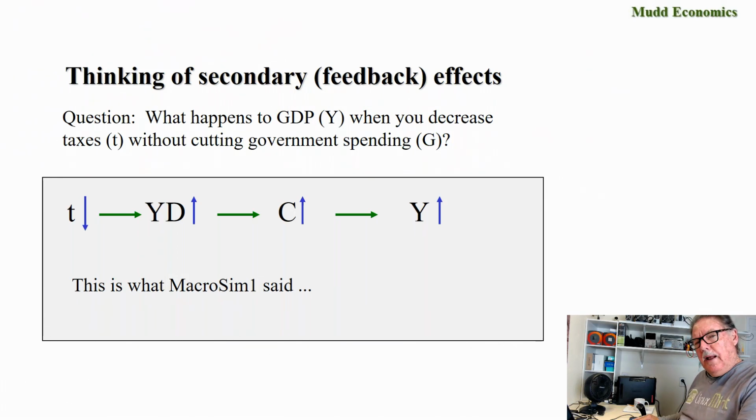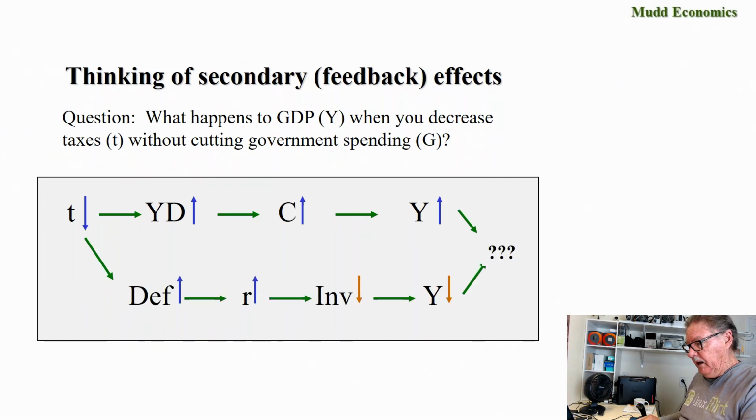But when we looked at the loanable funds model, we realized that if you cut taxes or if you increase government spending and don't match that with an increase in taxes, then of course there might be a crowding out effect from that. That can't be represented in Macrosim 1 because investment is exogenous. It's outside the model. So Macrosim 2 has the following feedback effects.